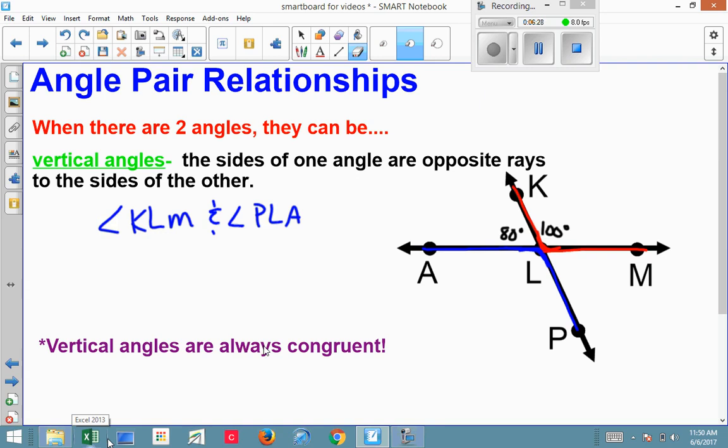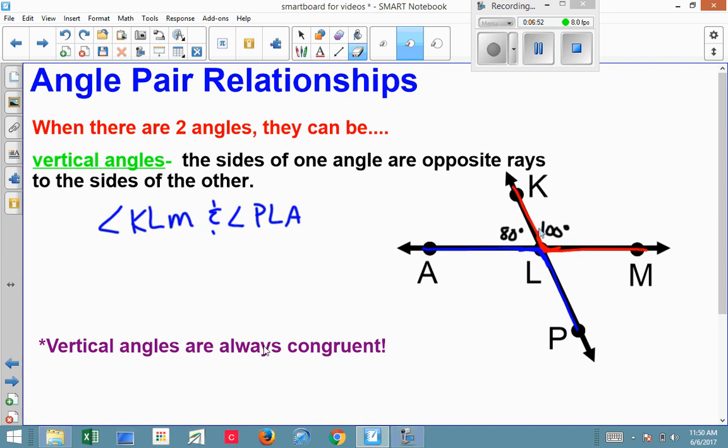Now, one other thing we need to talk about is the fact that vertical angles are always congruent. Always congruent, which means their angles have the same measure. So if I'm taking a look at the two angles we just described as vertical angles, angle KLM and angle PLA, they are vertical angles. So if they're vertical angles, that means that their angles are congruent.